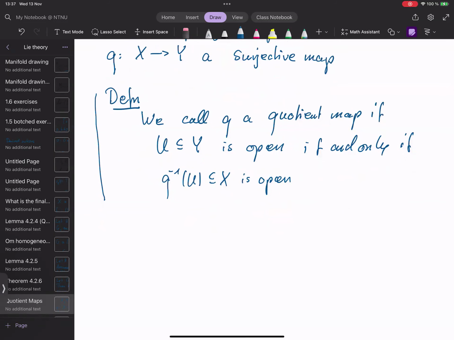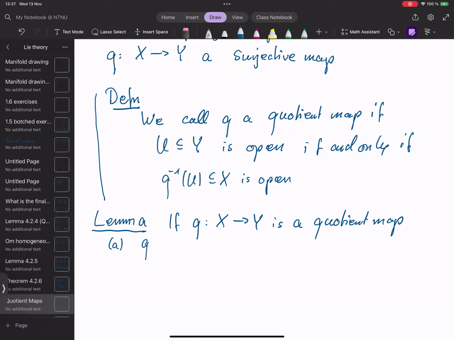And so let's state some of the properties of these things. So the first lemma about them. If Q from X to Y is a quotient map, then part A, Q is continuous.